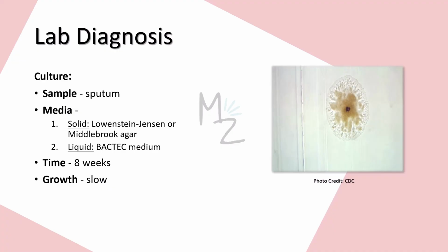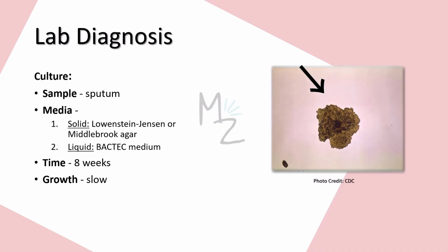In liquid Bactec medium, radioactive metabolites are present, and growth can be detected by the production of radioactive carbon dioxide in about 2 weeks. A liquid medium is preferred for isolation because the organism grows more rapidly and reliably than it does on agar. You know what? Why is the time 8 weeks? Because the growth is too slow. And if the organism has grown on the culture plate, it will look something like this or this.